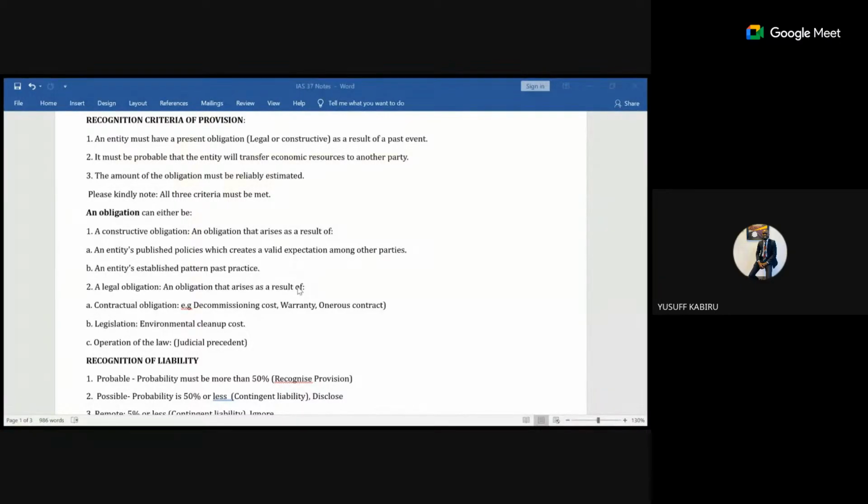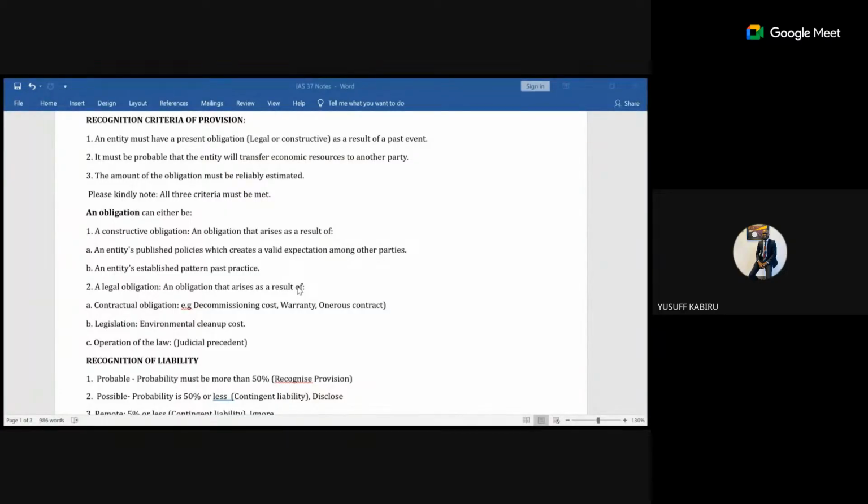The amount of that provision, that obligation, must be reliably estimated. So please kindly note that all three criteria must be met before you recognize a provision. Let's take note of that.